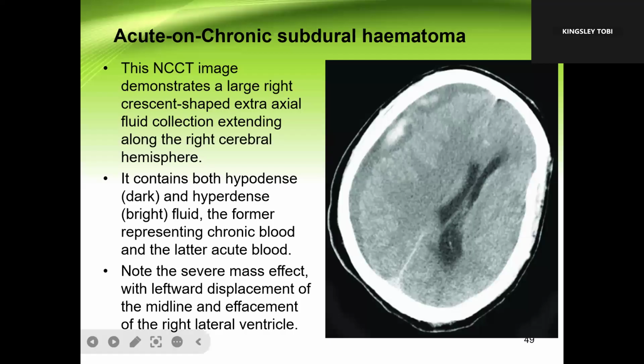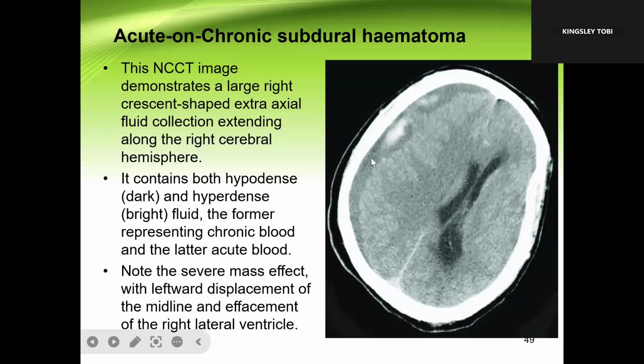Usually in an exam, you may see a patient with acute on chronic subdural. Look at it now. You can see two types of lesion. This is the isodense brain matter, but look at this hypodense region here.